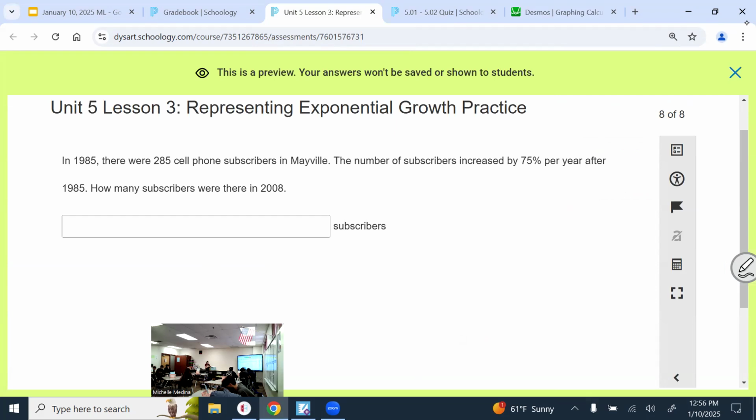So same setup, we're talking about an exponential function because it increased by a percentage each year. Since we're talking about the percentage, we're going to use this setup of an exponential function. And in order to do that, you need to know what the initial amount is. So what's the initial amount?